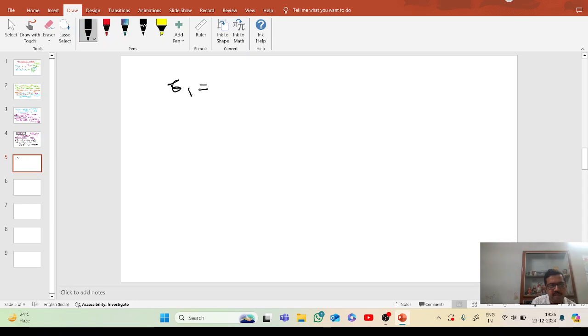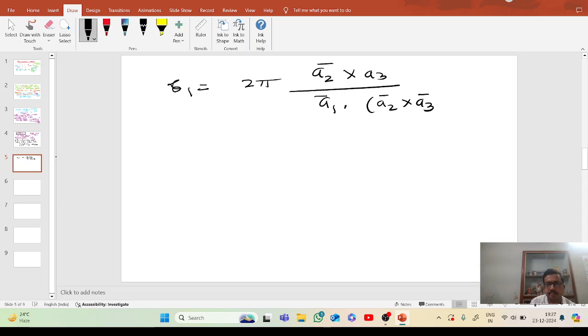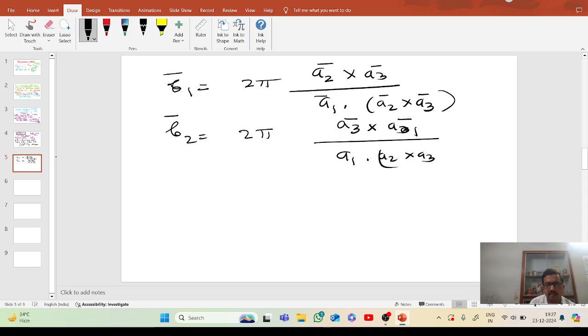That is, the reciprocal lattice vector b1 will be 2 pi into, in cyclical fashion, a2 cross a3 divided by a1 dot a2 cross a3. b2 will be 2 pi a3 cross a1, in cyclic fashion 1 2 3, 2 3 1, divided by a1 dot a2 cross a3, and b3 will be equal to 2 pi into a1 cross a2 divided by a1 dot a2 cross a3.